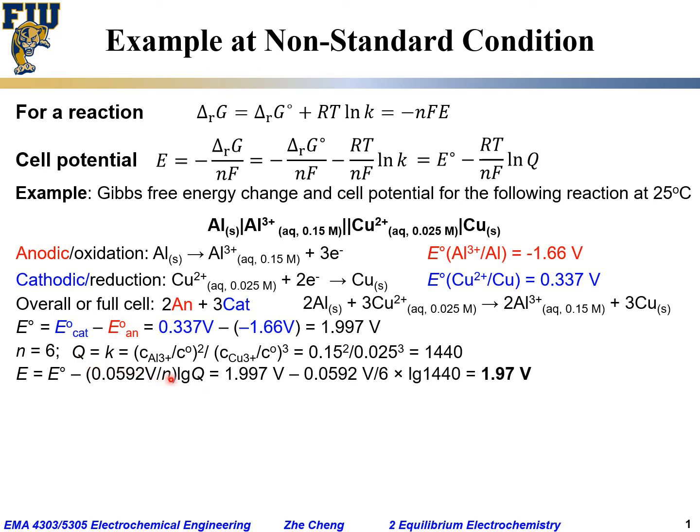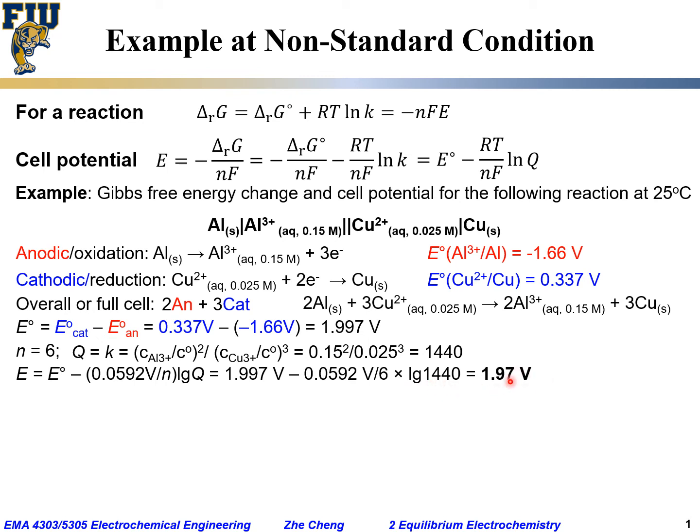Okay, and if you plug the numbers in, E0 would be 1.997 volt, 0.0592 volt, we write it here, and n would be 6, and we keep the log for 1440.